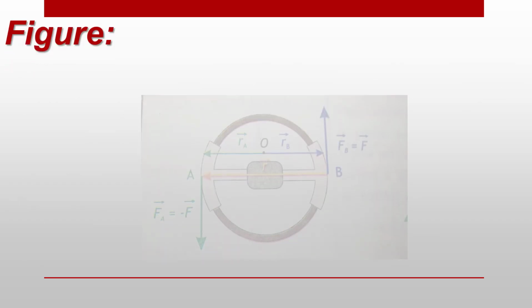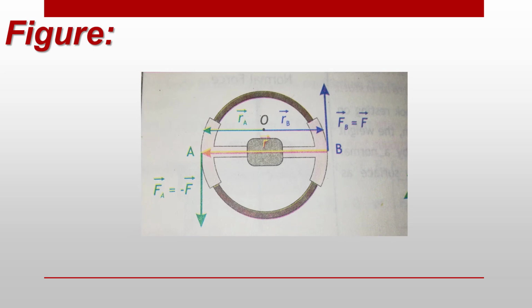You can see this type of figure. On a steering wheel, one force is applied in the upward direction and the other in the downward direction. Let's say this is point O, the central point. The distance from point O to A is given by the position vector RA, and from O to B by the position vector RB.